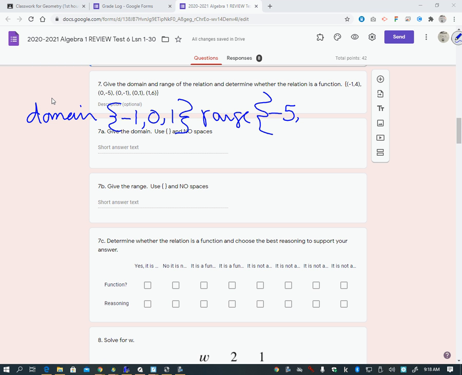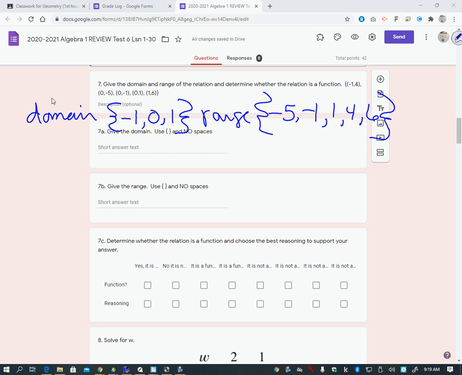The y values. All right, so -5, what else? -1. What else? 1. So A is the domain, B is the range. Determine whether the relation is a function and choose the best reasoning for your support.